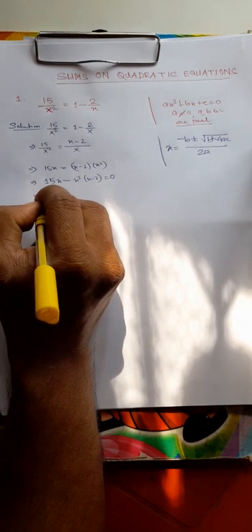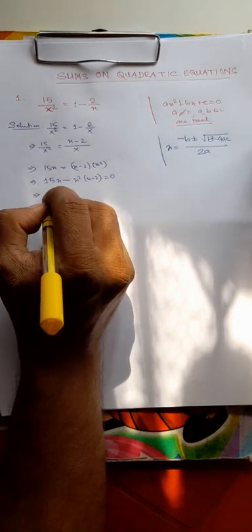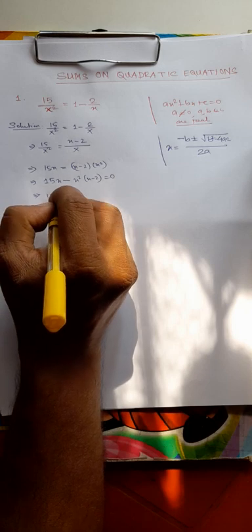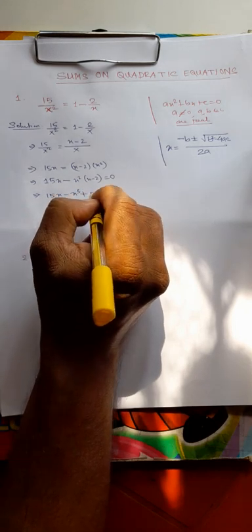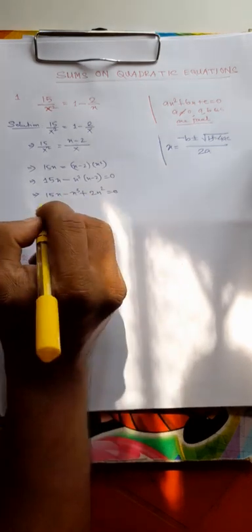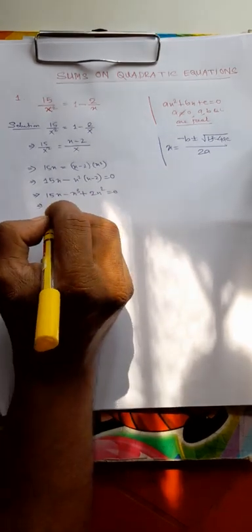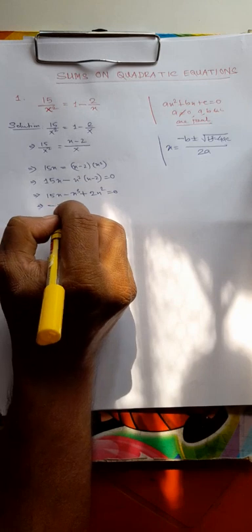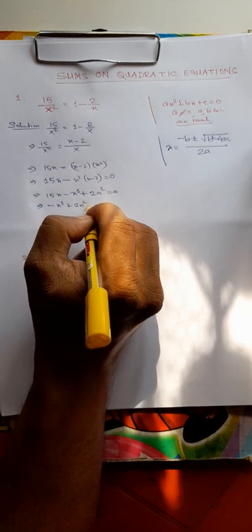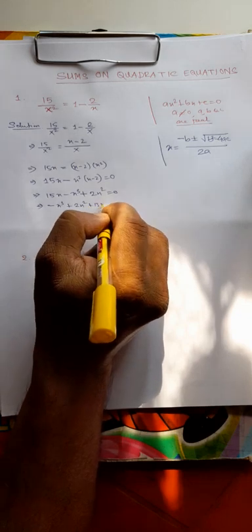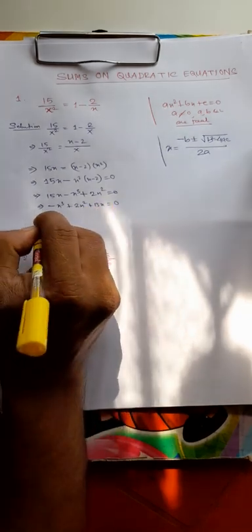Now this becomes 15x minus x cube plus 2x square equal to 0. This becomes minus x cube plus 2x square plus 15x equal to 0.